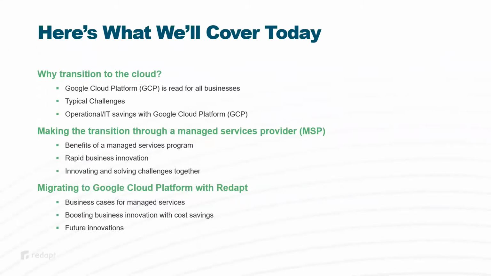Thanks, David. Appreciate it. So today we're going to cover a few things about a transition into the cloud. We want to start out with the Google Cloud Platform and help everybody understand that it is ready for your business. It can accept the applications and it's ready to bring your organization into the cloud, whether it's small, medium-sized, or enterprise size. It is available for scale and has all the features and capabilities that are needed there.